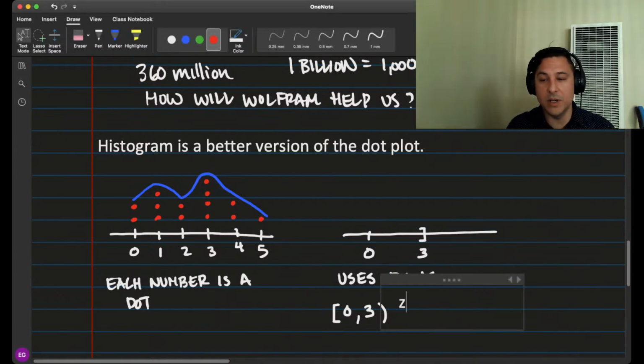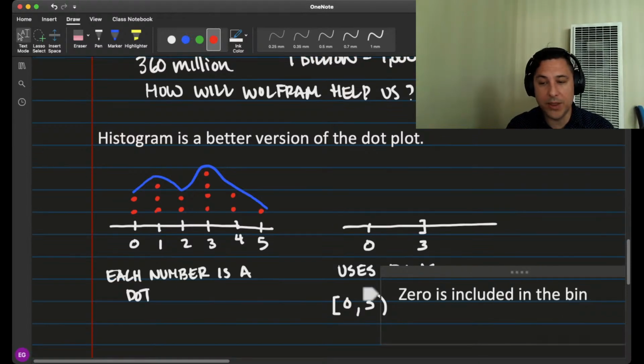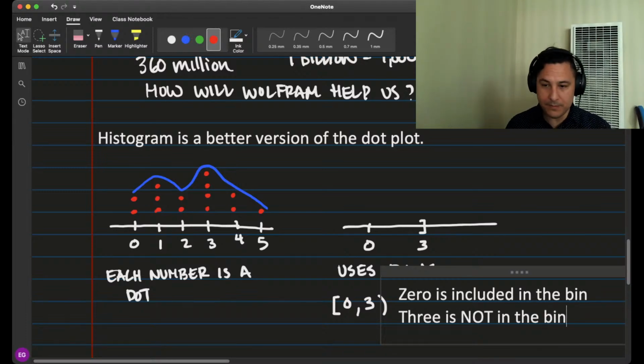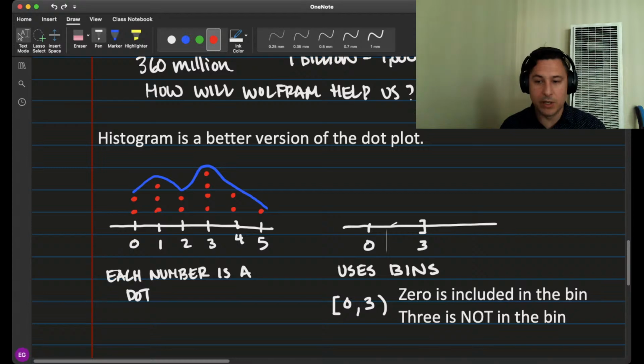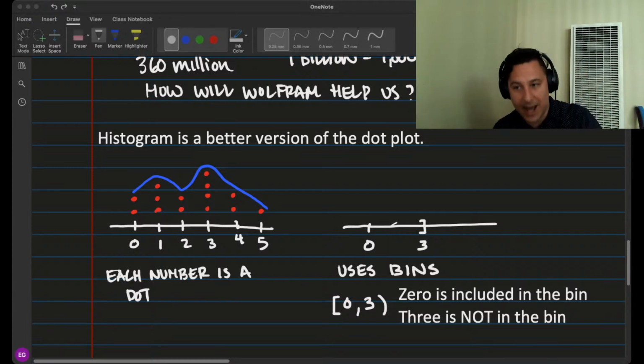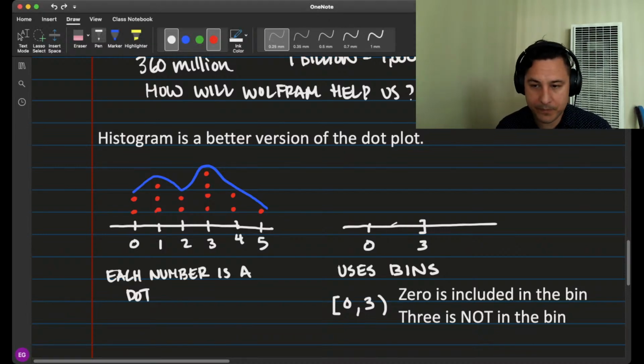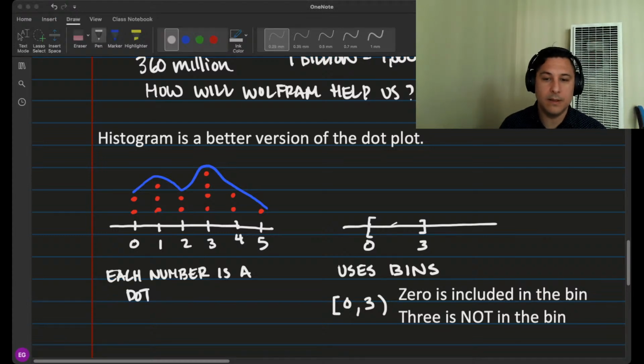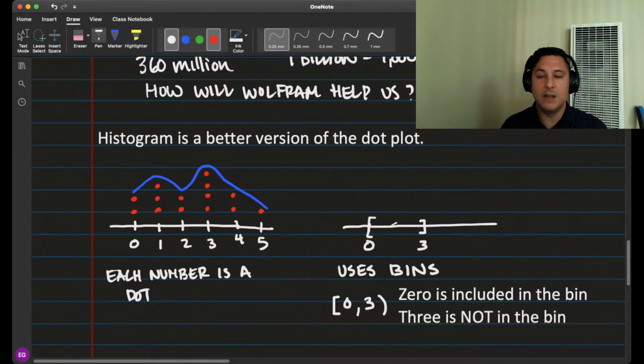So the way this works is that 0 is included in the bin, but 3 is not in the bin. When I say that the bin goes from 0 to 3, the number on the left will put you in the bin, the number on the right will not. So how many numbers were there from 0 to 3, not including 3?